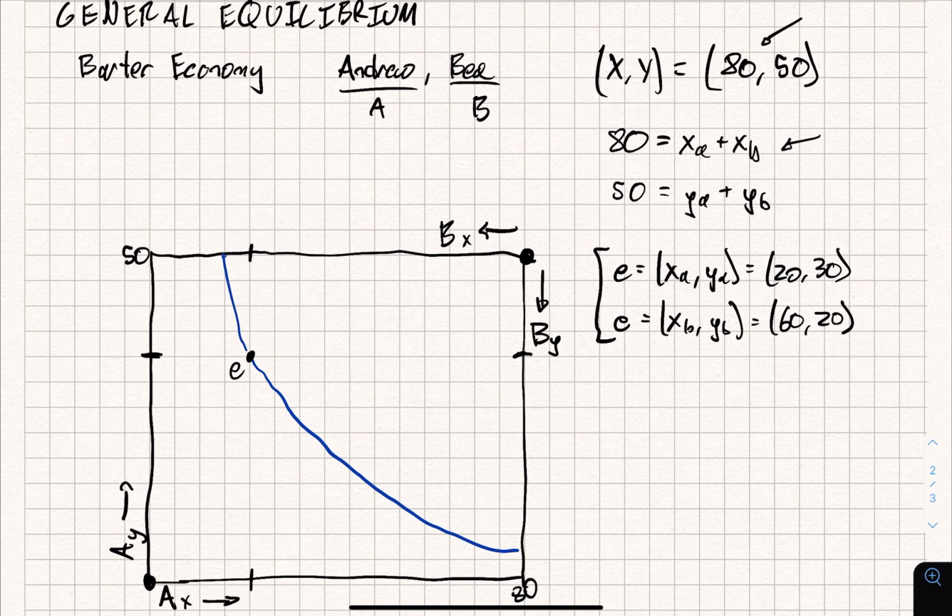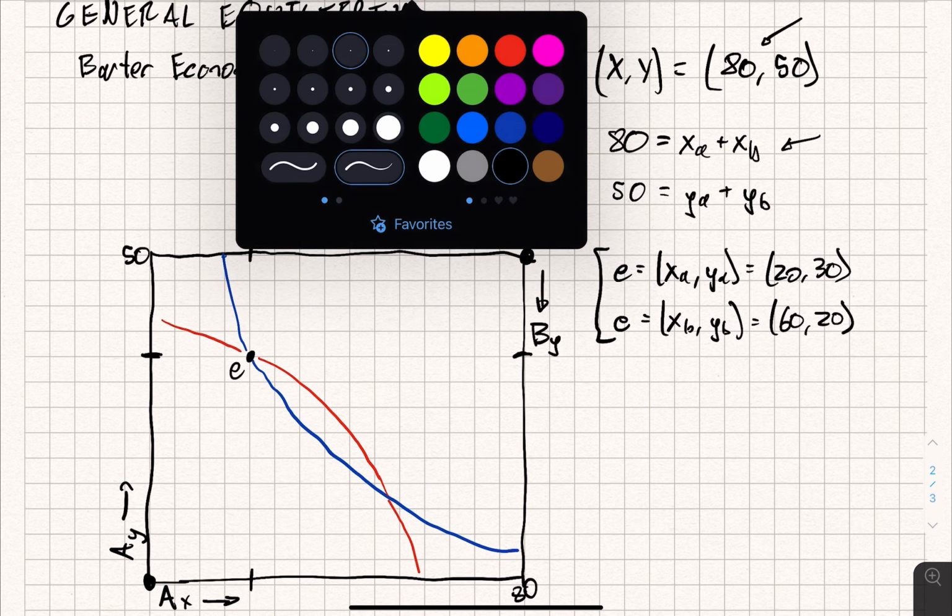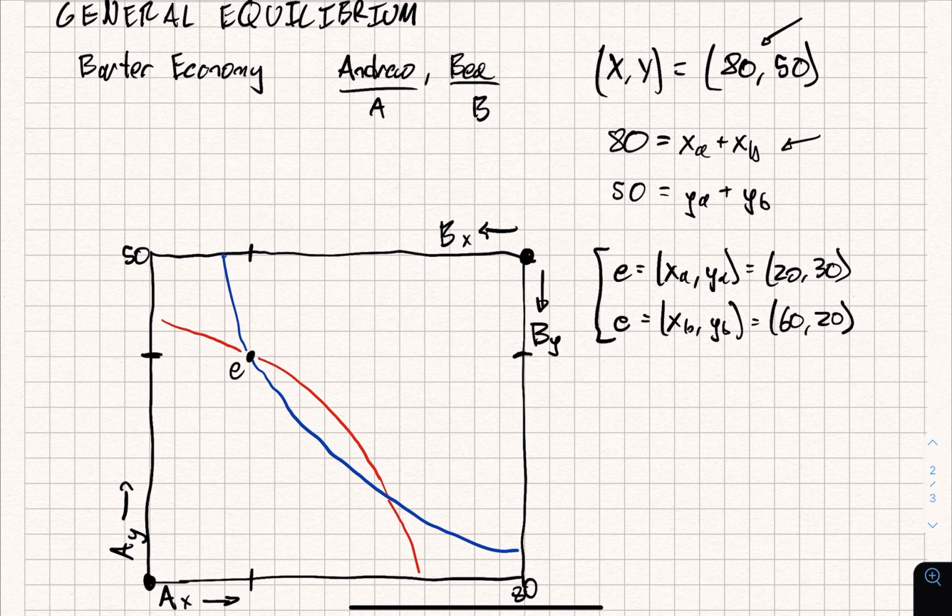So let's draw Bea's indifference curve, which must run through E. And let's say it looks something like this. Okay. So this is nice. We have one allocation, we have two indifference curves, and we want to think about our Pareto improvements.